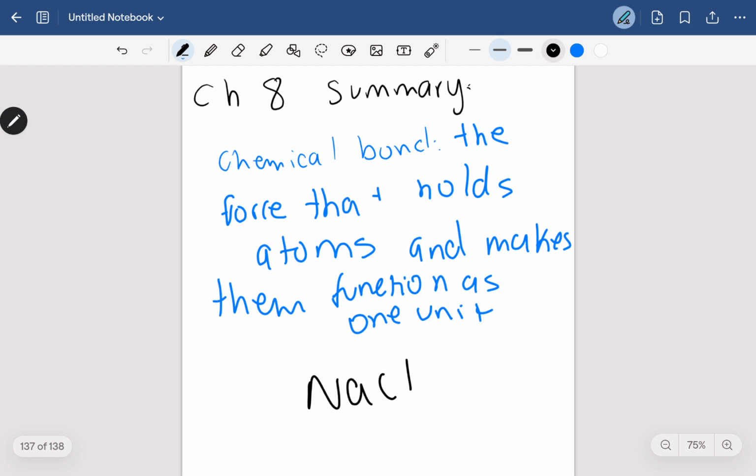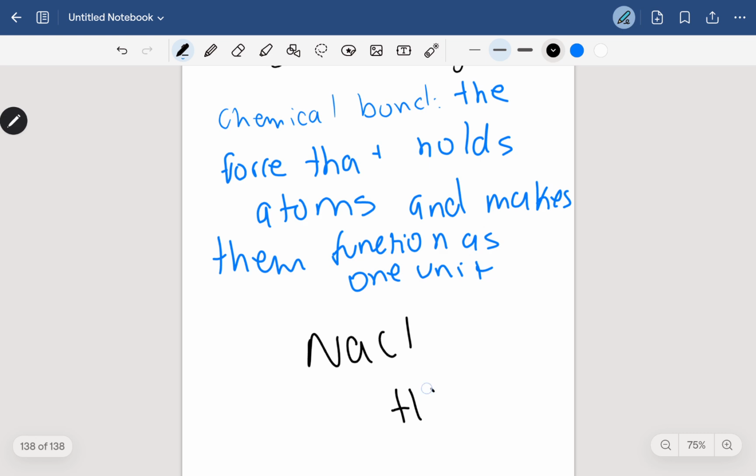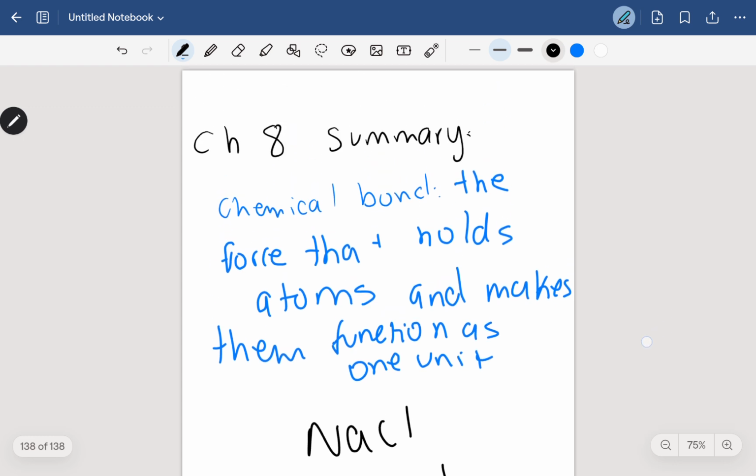It's an ionic compound and it is held by a type of chemical bond which is called an ionic bond.